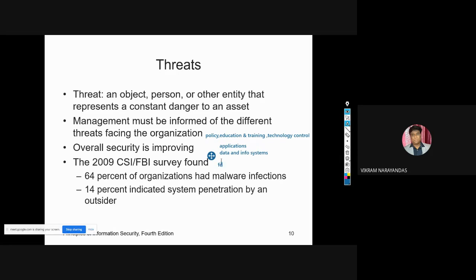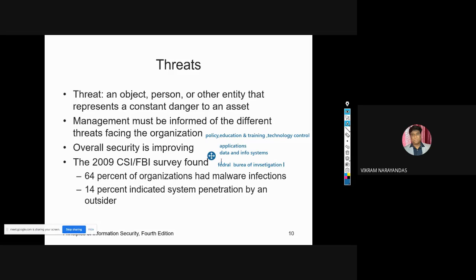CSI stands for Computer Security Institute. What did the computer crime and security survey find? You can find it with the help of CSI as well as the FBI.